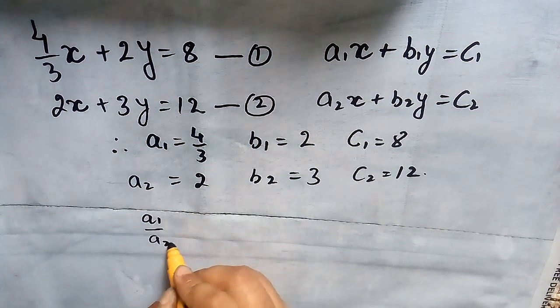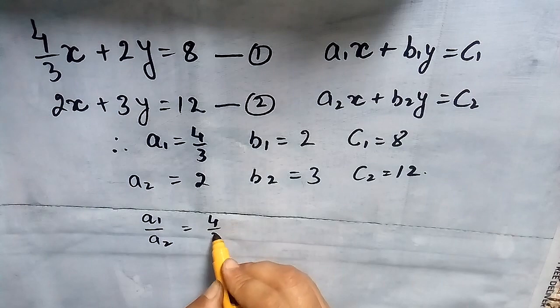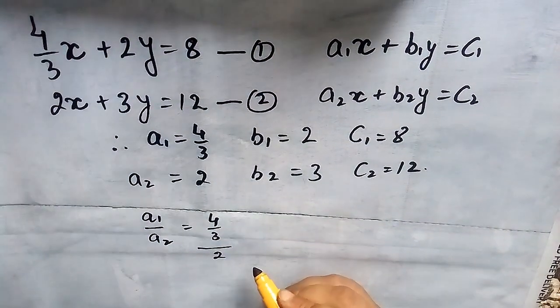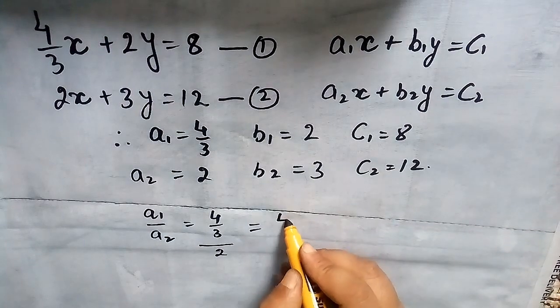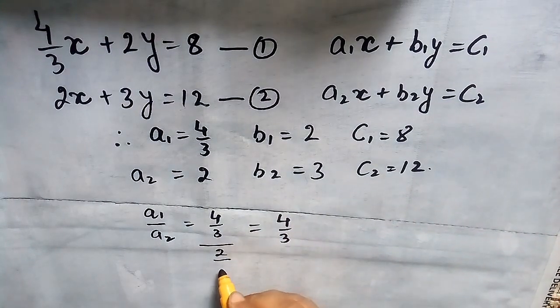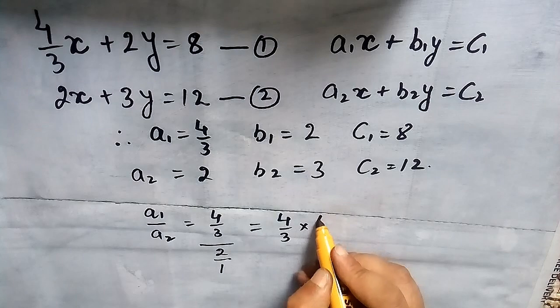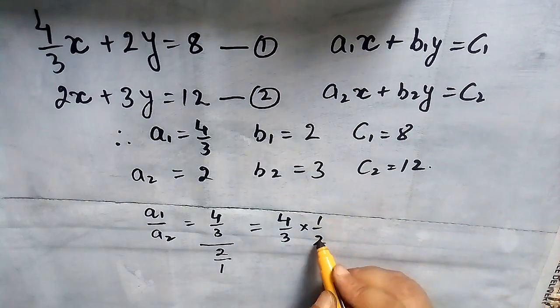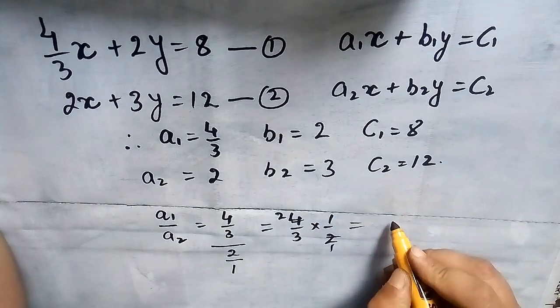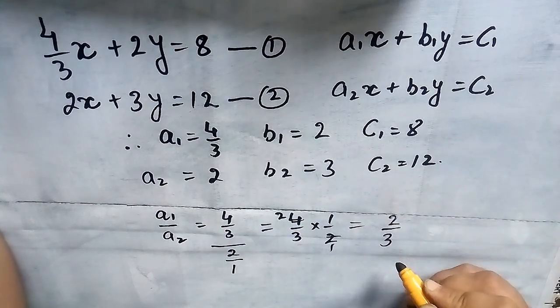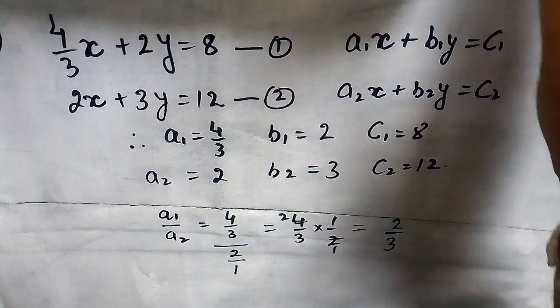So now a1 upon a2 is 4 upon 3 and whole upon 2. So 4 upon 3 as it is, nothing is in the denominator of 2, you can take 1 and take the reciprocal and bring in the multiplication. So 2 to the 4 and 2 upon 3 will be the standard form of the ratio.